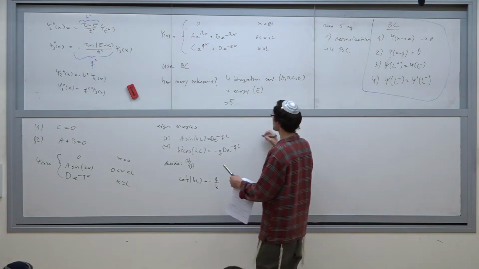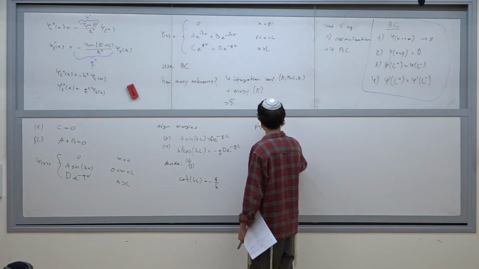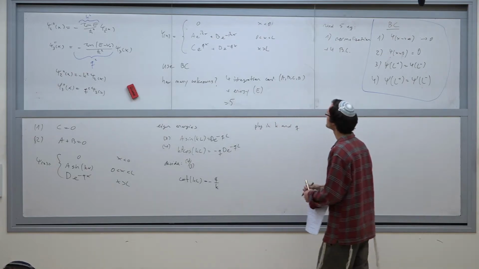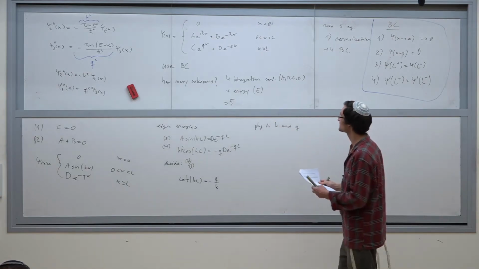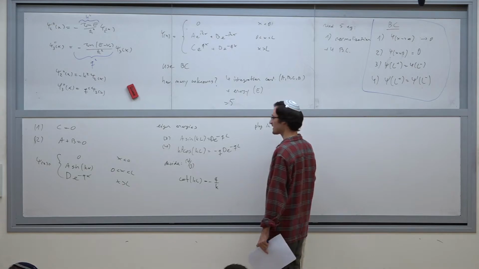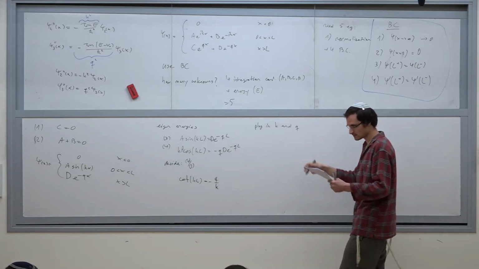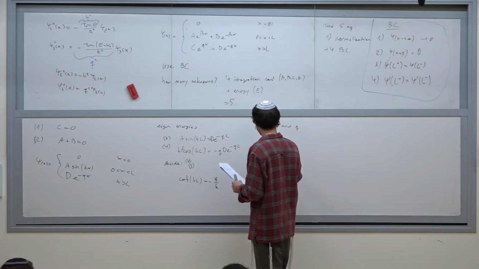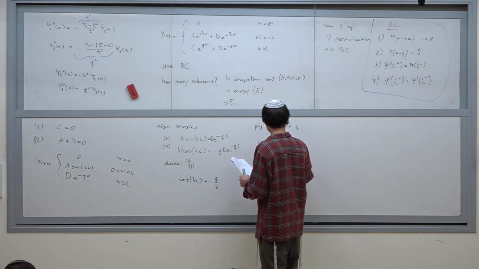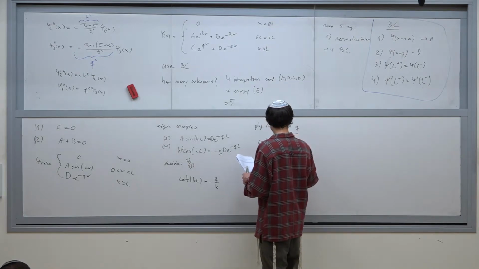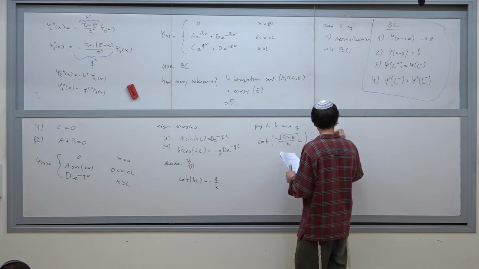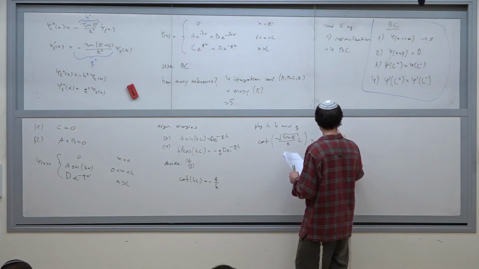Let's plug in K and Q. I've erased them already. So we know K and Q in terms of the energy, right? That's how we define them. So we plug them back in and we get the cotangent of root 2mE over h bar times L equals minus the root of V naught over E minus 1.